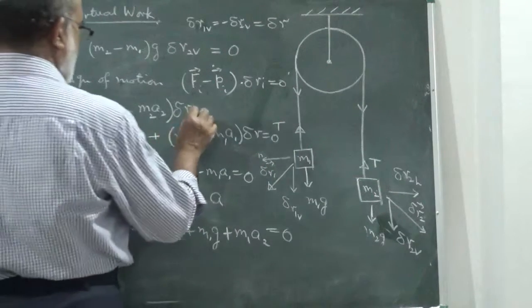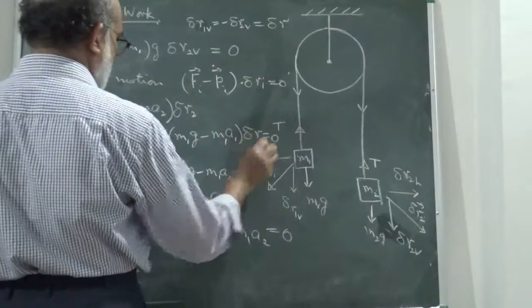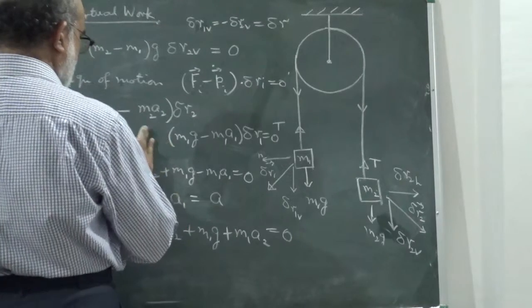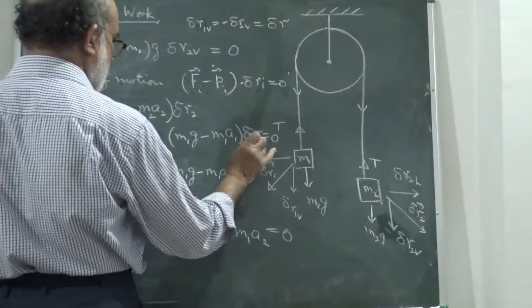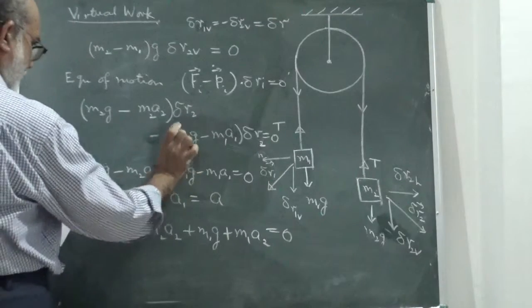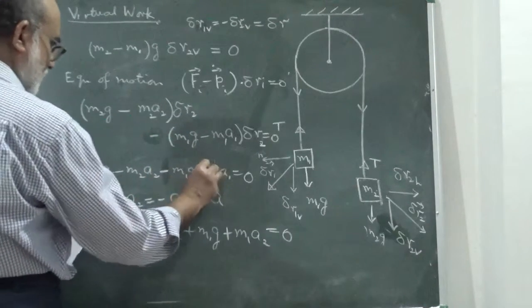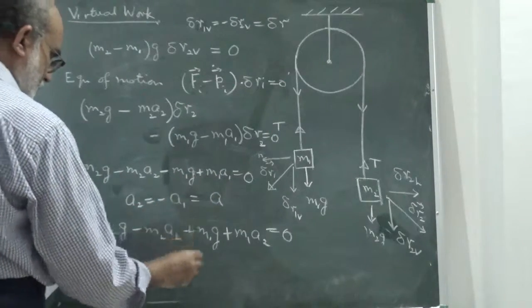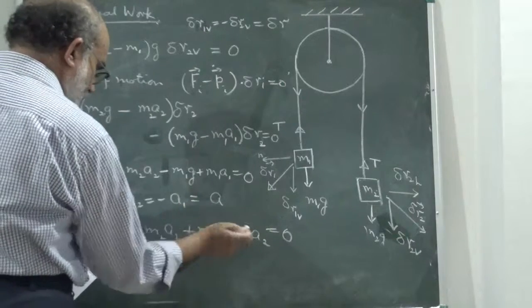Delta R2 and delta R1 are related by delta R2 equal to minus delta R1. So it's minus here and plus here, and now here it's A2, so it's minus here.